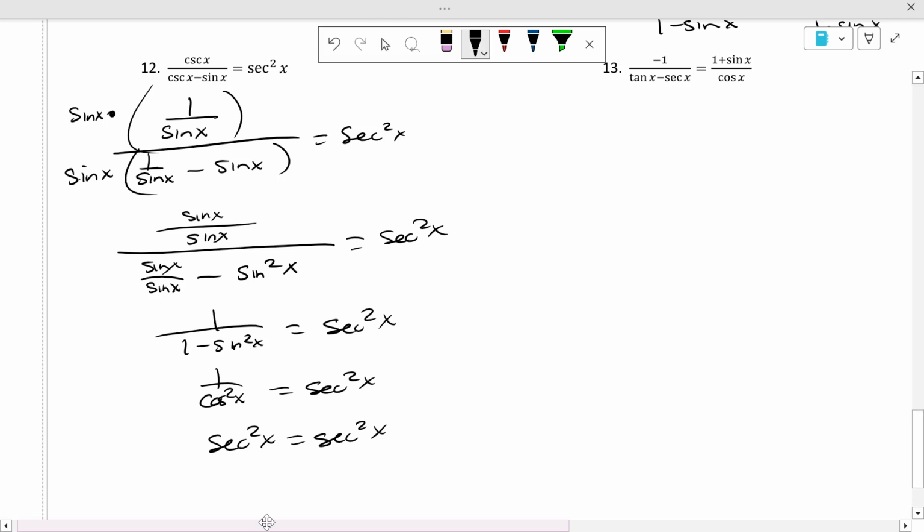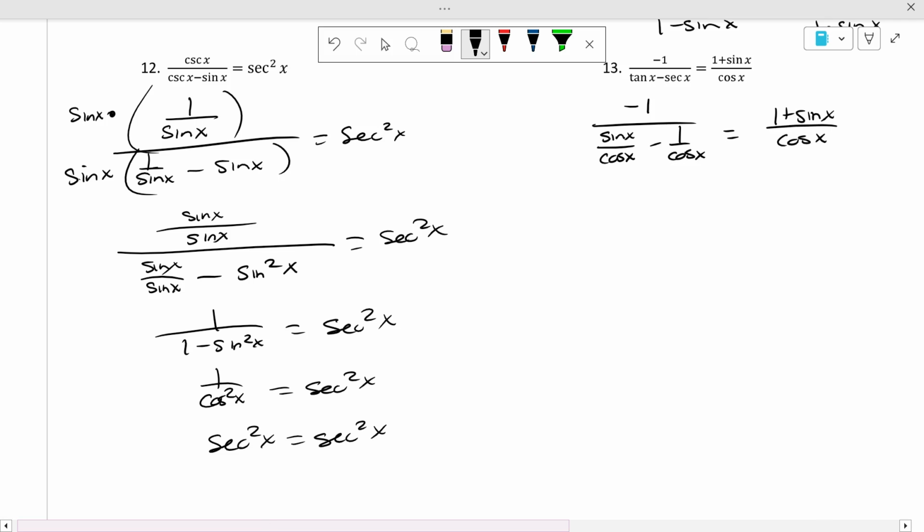On the last one, negative 1 over sine of x over cosine of x minus 1 over cosine of x equals 1 plus sine of x over cosine of x. Okay, what do we do to top and bottom here?